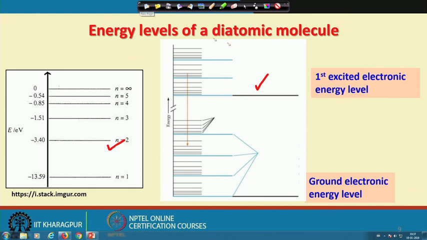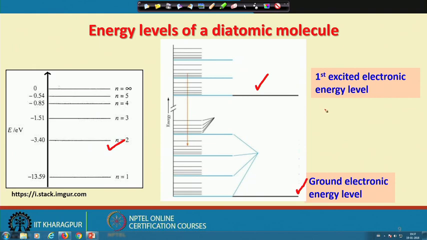Now, corresponding to each of the electronic energy levels, I see that there are many sub levels associated. This structure is associated with the ground electronic energy level, and this structure, that is the presence of several other sub energy levels, is associated with the first excited electronic energy level.